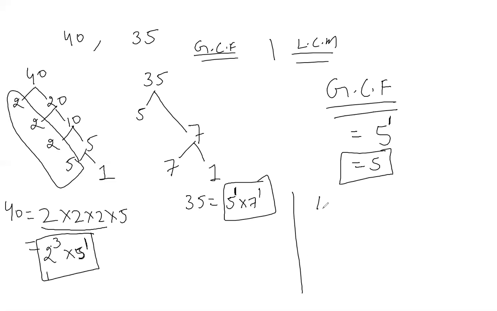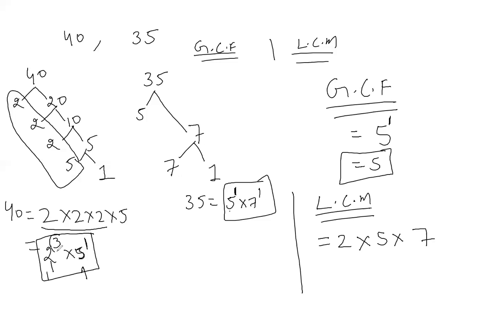And then we find LCM. To find LCM, we write all the numbers which we got in the boxes of the factors. So the first number we got is 2, so we write 2 there. The second number is 5, so you write 5 there. And then in that box, the first number is 5, we already wrote that here, and then 7. And then we have to write the maximum power.